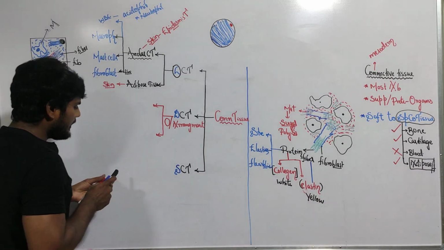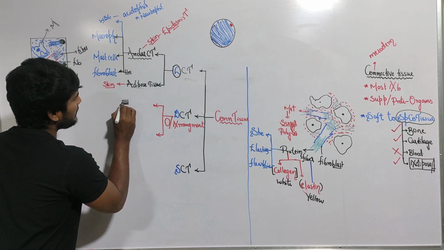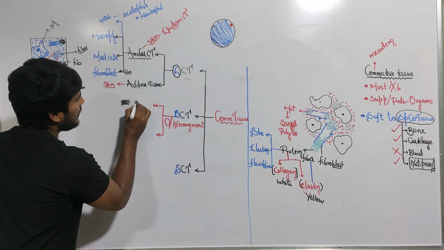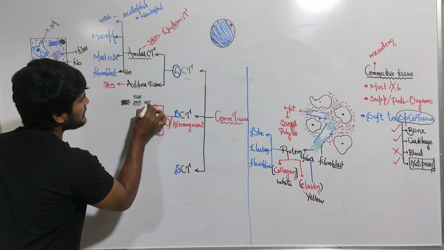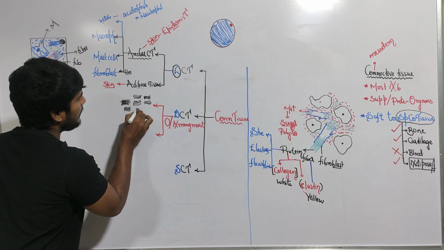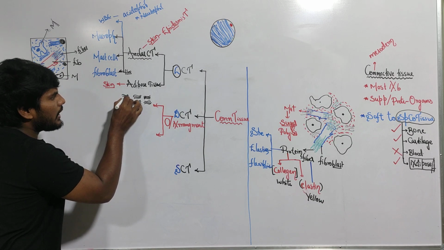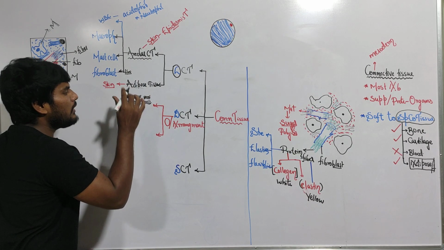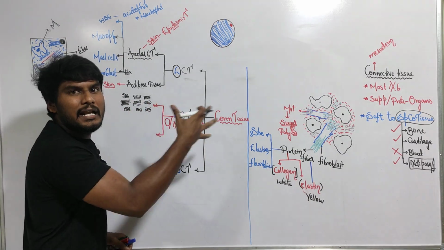Now let's see. Here the fibers are present like this. All these are the fibers, and this is the fiber bundle, and this is the fiber bundle. See, all the fiber bundles are arranged, oriented in a regular fashion, one by one, parallel to each other.